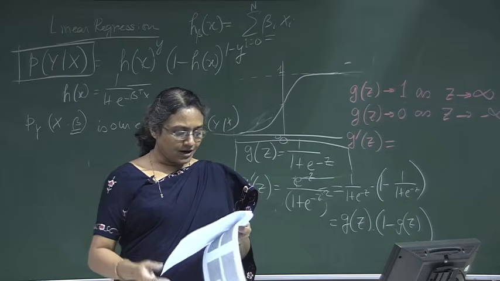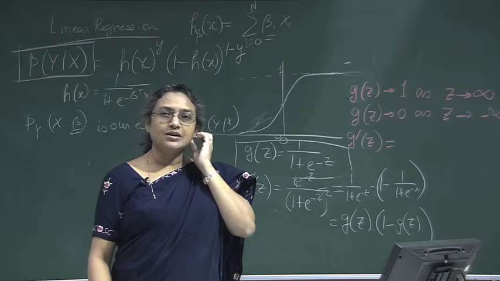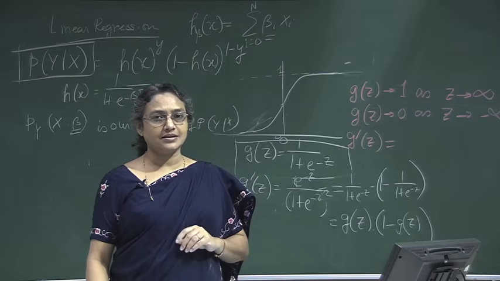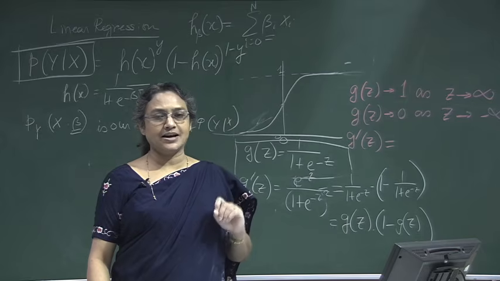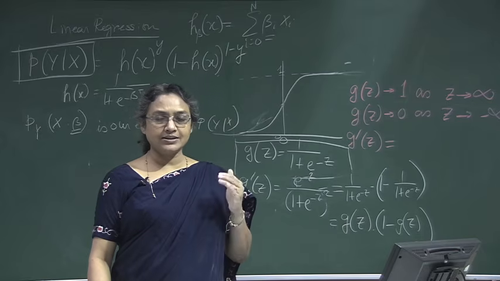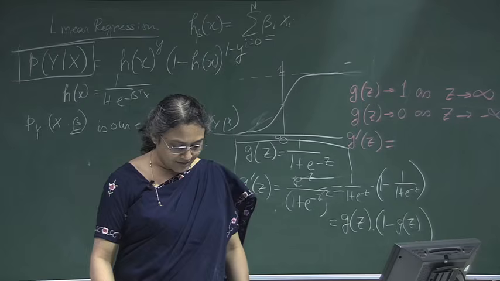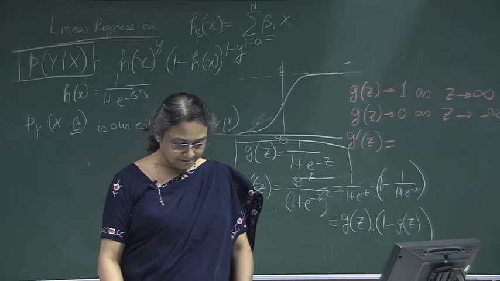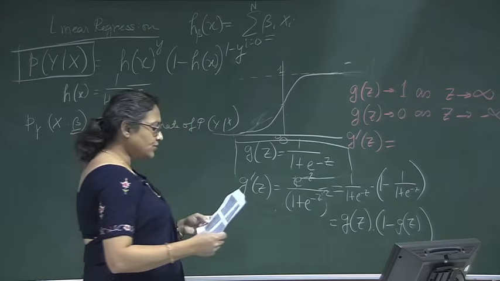So, now what we will do is stochastic gradient descent. For that we assume a single training example, and with respect to the training example we will do the gradient descent.